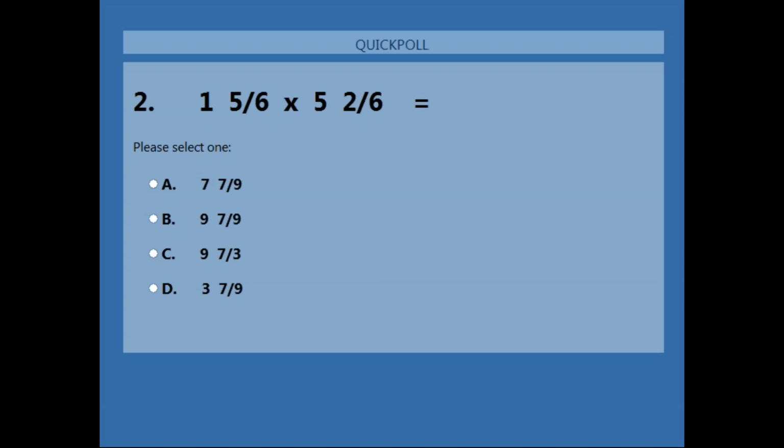Which one is the correct one? A few more seconds, and then I'm going to do the question together.